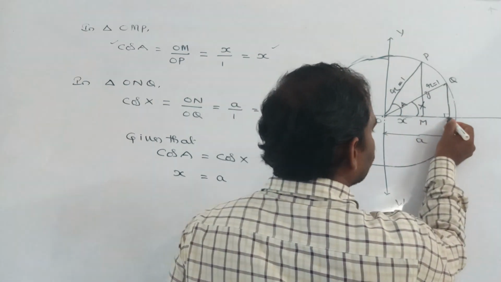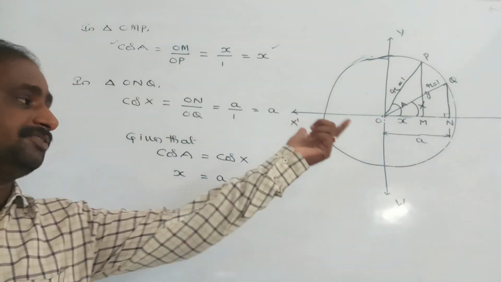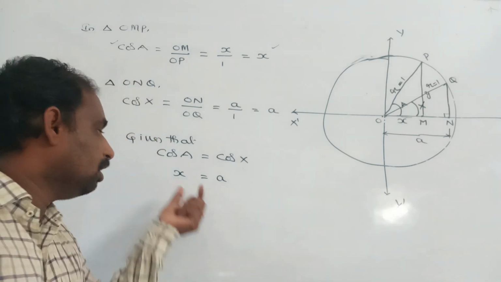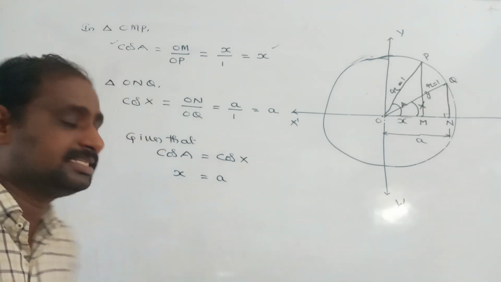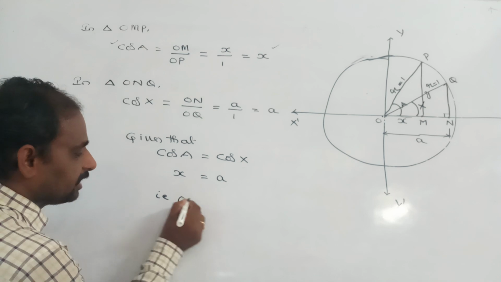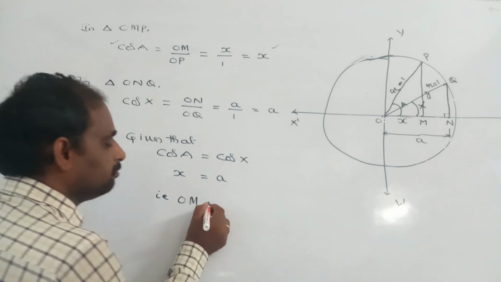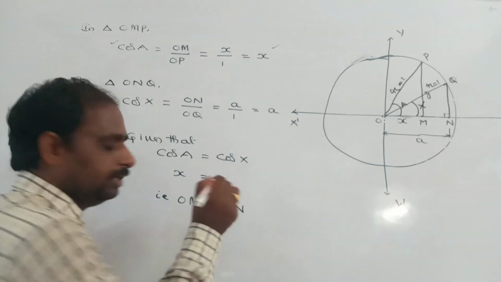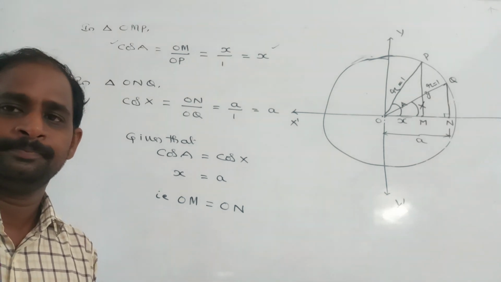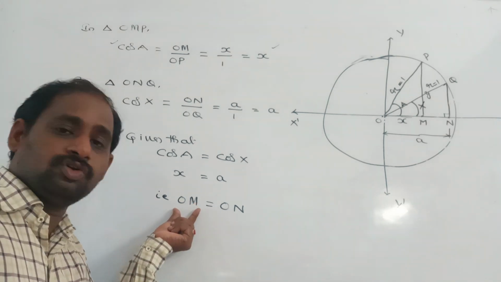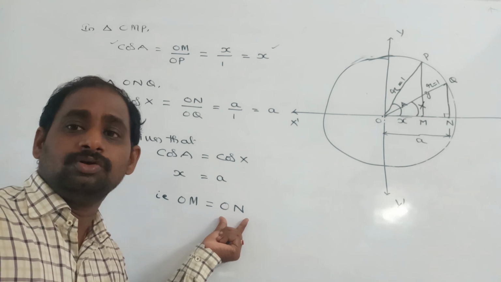A means from here to here, that is the distance. Clearly they are different points, but both the distances are the same. That is, the distance from O to M is equal to the distance from O to N.